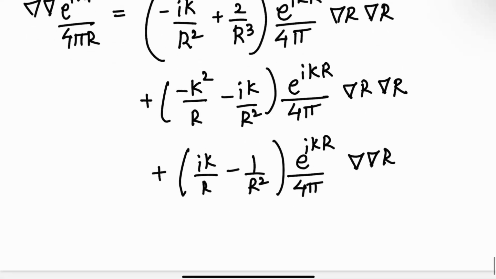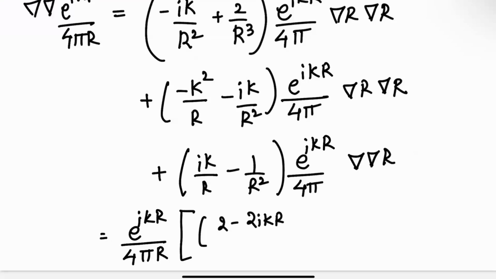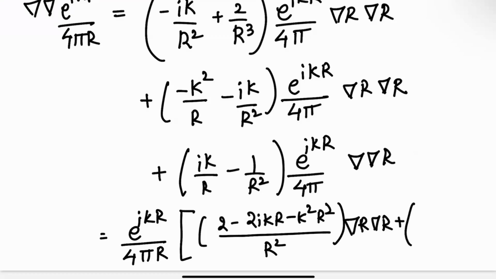Okay, so we can combine some terms and simplify this. I'm skipping those simple algebra steps, but it's very easy to show that combining terms, you essentially get 2 minus 2ikr minus k squared r squared over r squared, times gradient of r, plus ik r squared minus r over r squared, gradient of r.